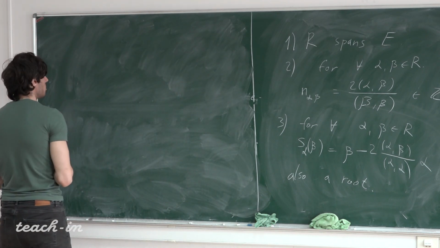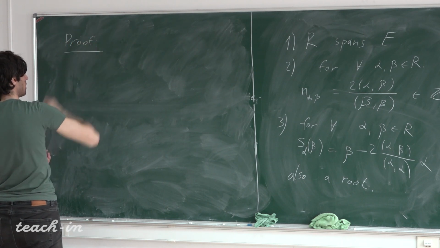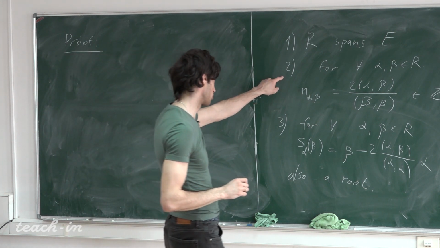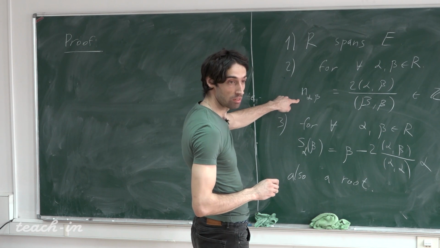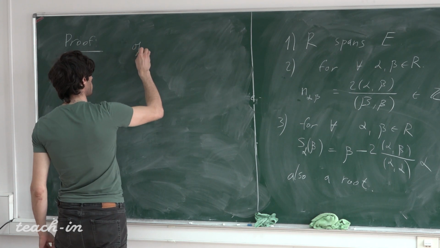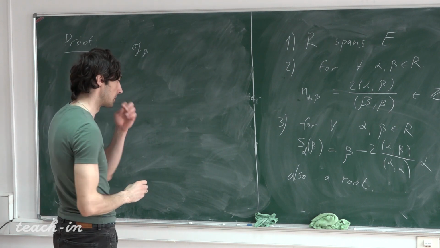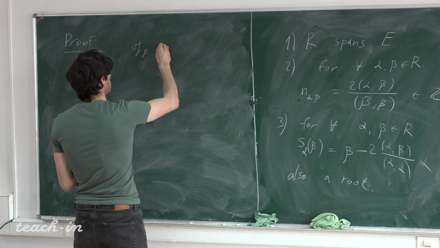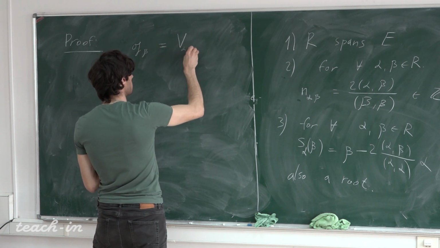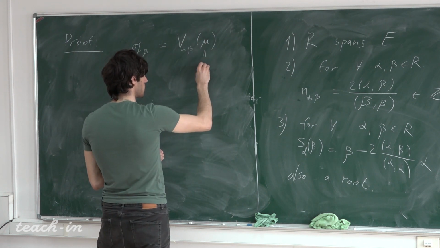First of all, notice, so proof. On the way of proving the first one, we already proved that this is an integer for R. So we had this G beta is V alpha beta of mu, where mu is actually n alpha beta.